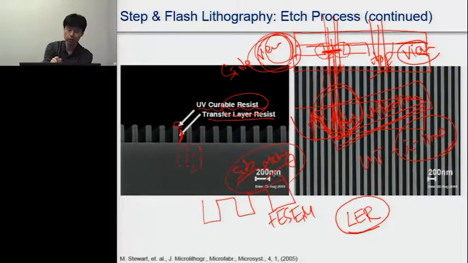But the major difference between UV nano imprinting lithography and optical lithography is that the design formed on the master mold physically transfers its shape to the resist.